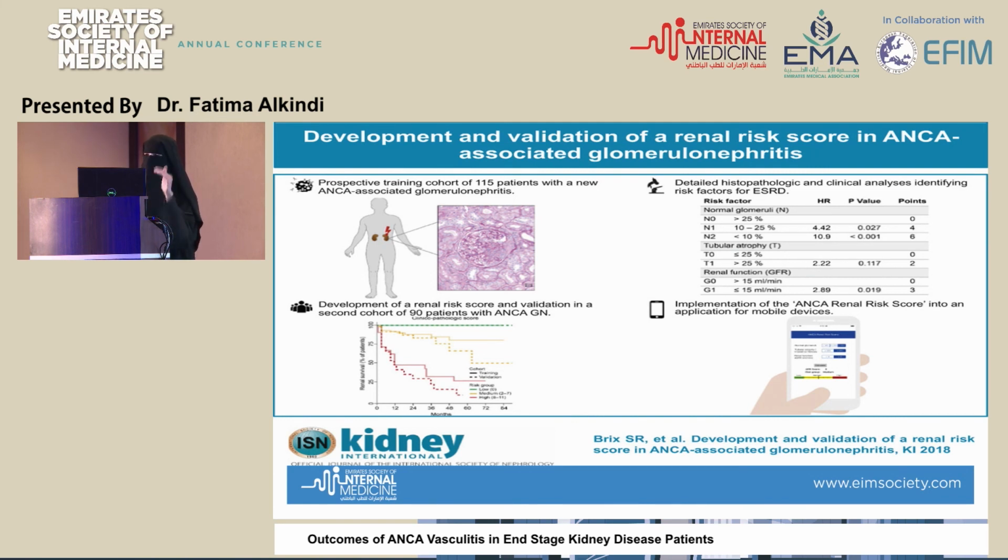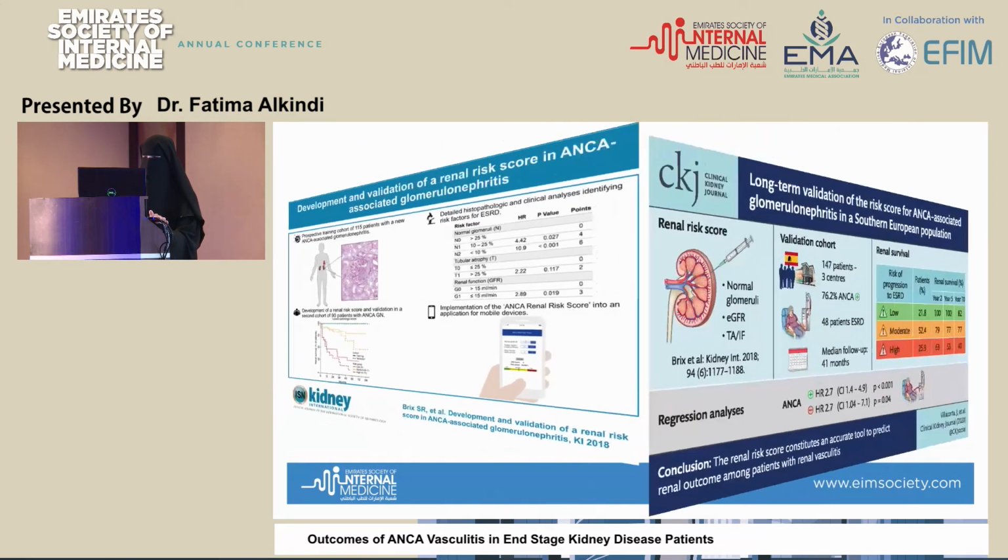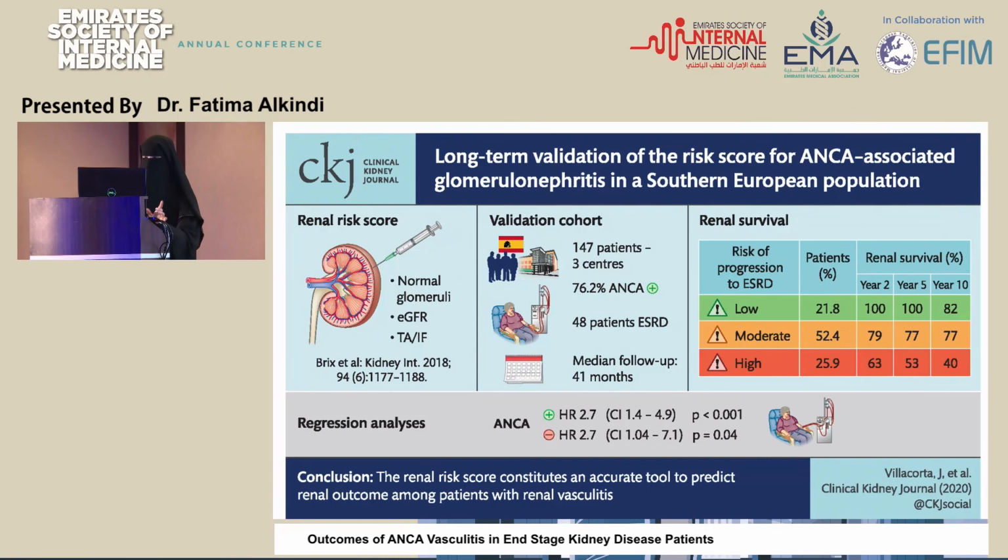They give you low, medium, or high risk for progression to end-stage kidney disease. This was validated on a larger study, including 147 patients from a South European population, and they mentioned it was highly specific. I have done this score for our patients, and they were at very high risk of progression to end-stage kidney disease.